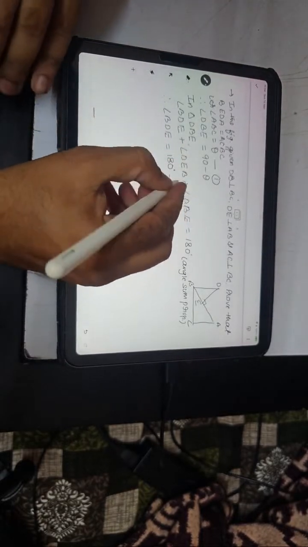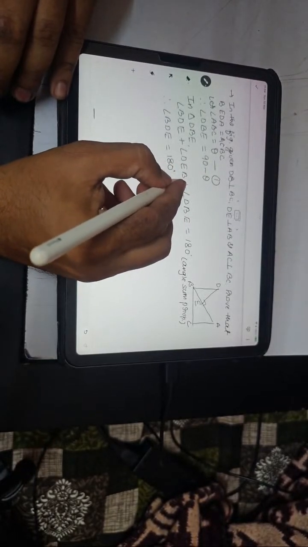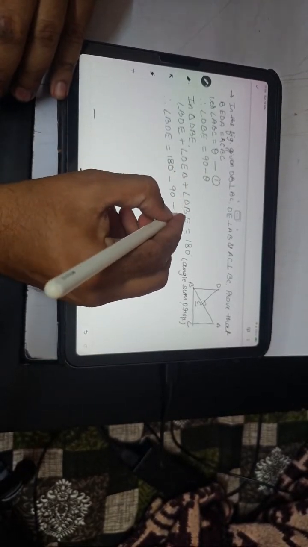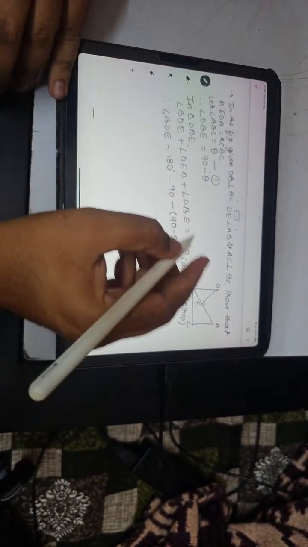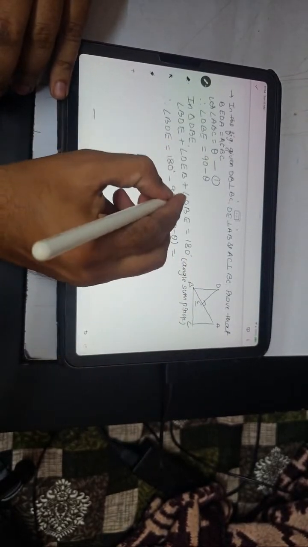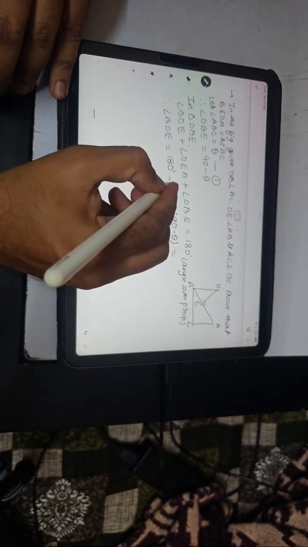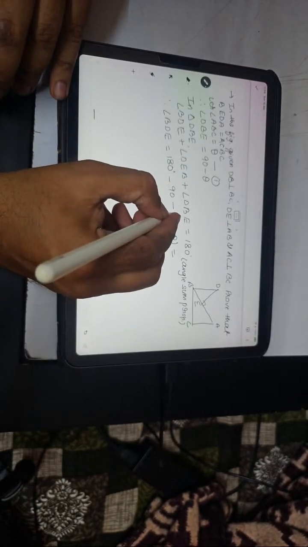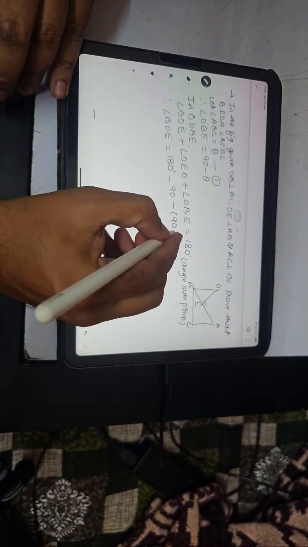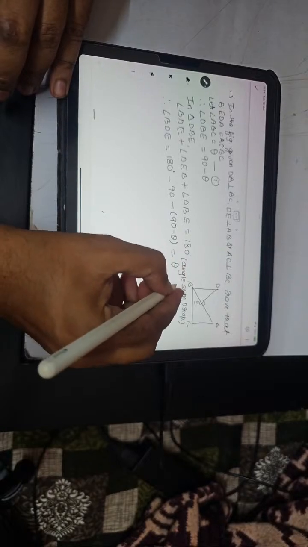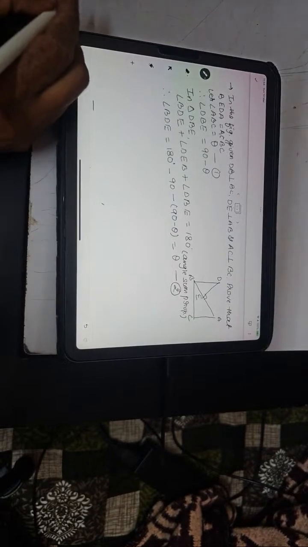So 180 minus 90 minus, in bracket, 90 minus theta. If I cut, 180 and 180 get cut, 90 and 90 get cut, and minus of minus theta gives theta. So this second, I got angle BDE is also theta.